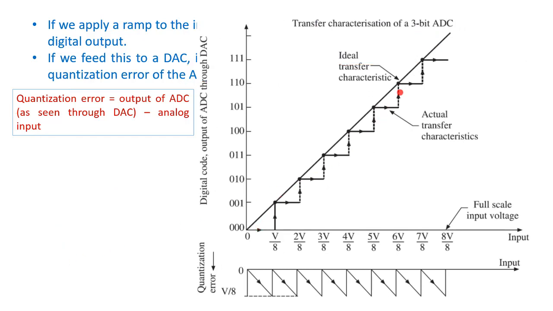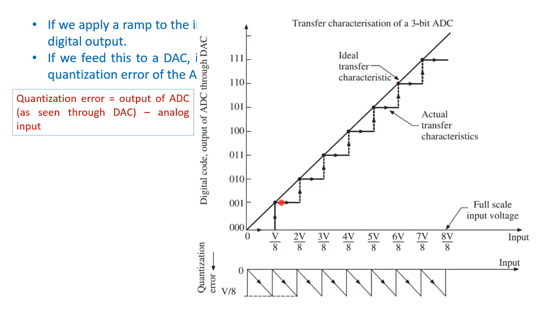We can see here this is our ramp signal, and now if we apply the quantization mechanism, obviously from 0 to V by 8 it will remain 0 0 0, and as soon as it increases to more than V by 8, it will suddenly go to 0 0 1, then it will remain the same at 0 0 1 till 2V by 8, then just at 2V by 8 it will go to 0 1 0, then it will remain at 0 1 0 till 3V by 8, then again it will jump to 0 1 1, then like this it will go on, and it will give a staircase waveform, right.